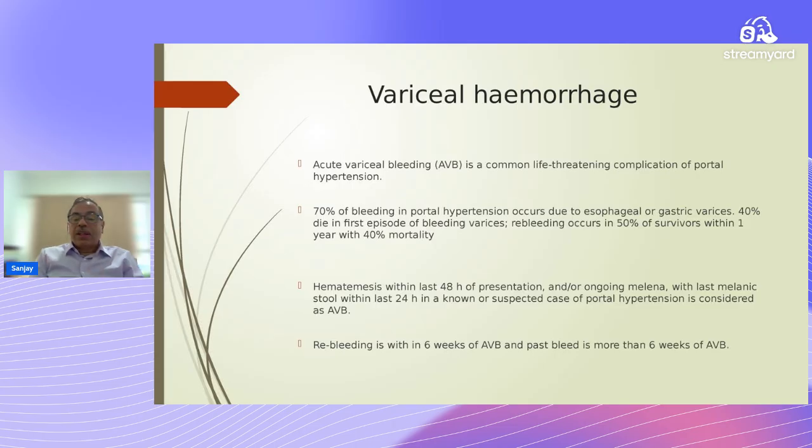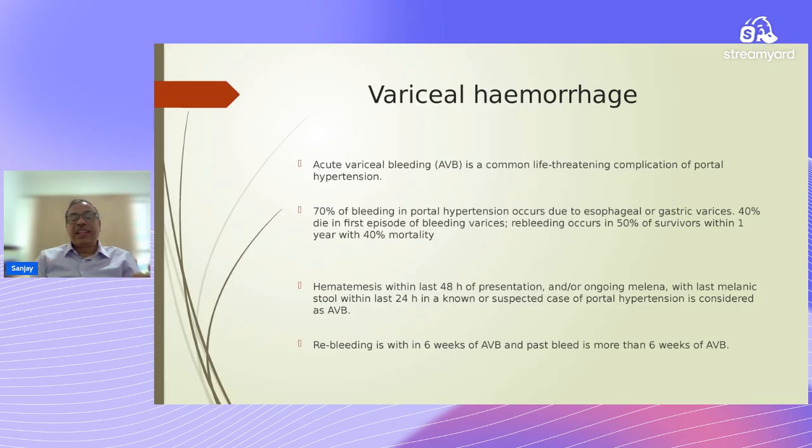Hematemesis occurring within the last 48 hours, and/or ongoing melena with the last melanic stool within the last 24 hours in a known or suspected case of portal hypertension would be considered a case of acute variceal bleed.